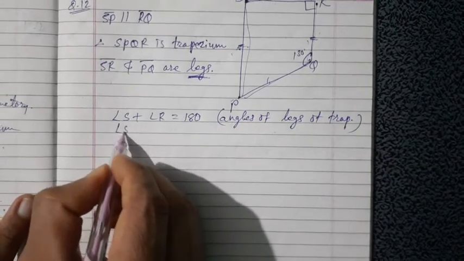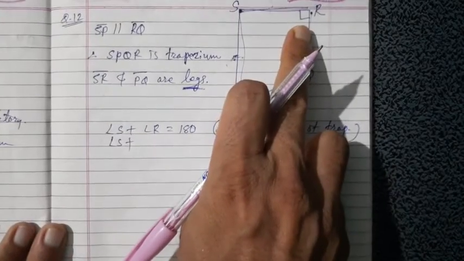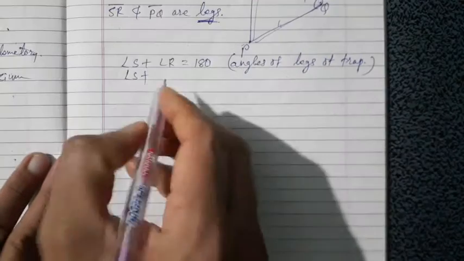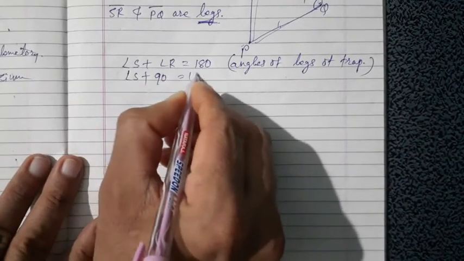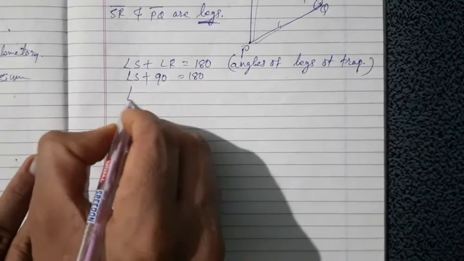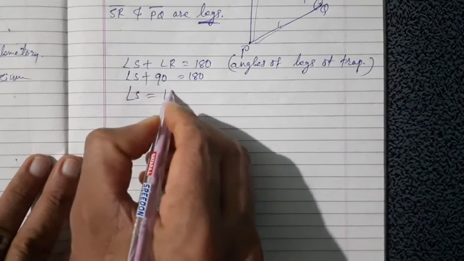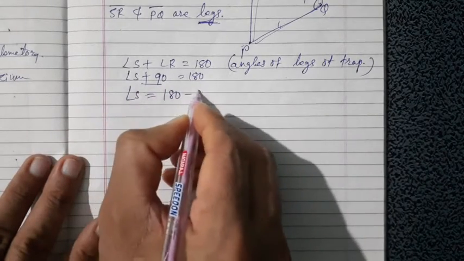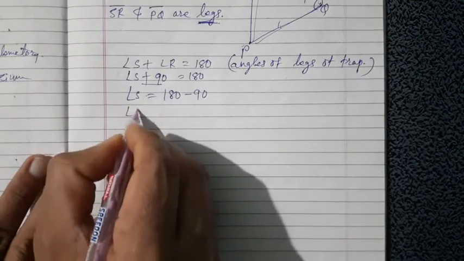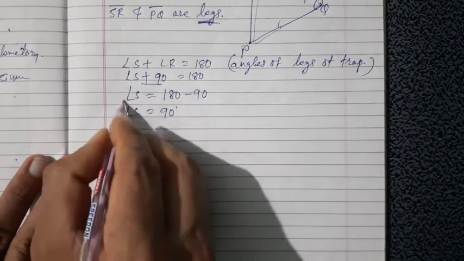So angle S plus 90 degrees equals 180. Angle S equals 180 minus 90, changing the side. Angle S equals 90 degrees.